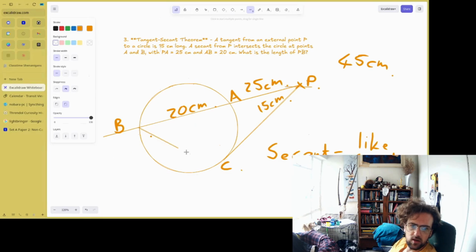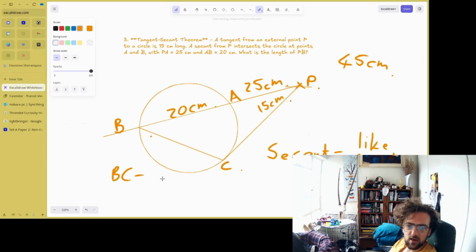So from there, what would we say this distance is? What is BC? Would it also be 20 centimeters?